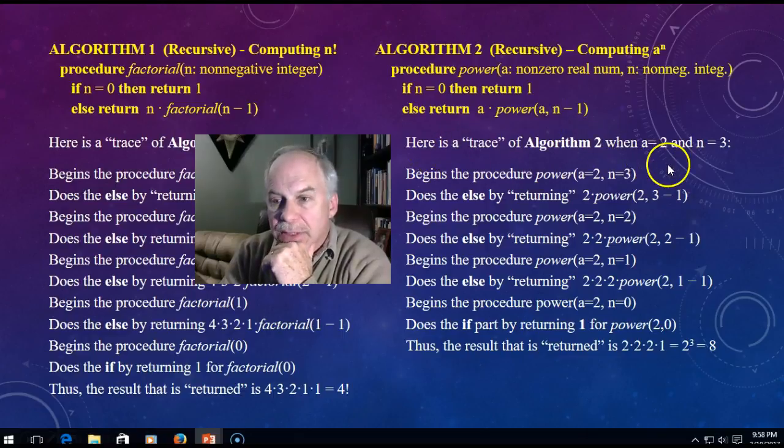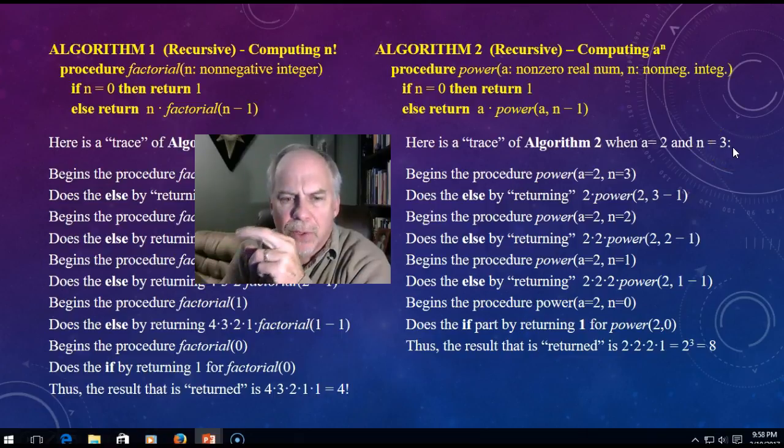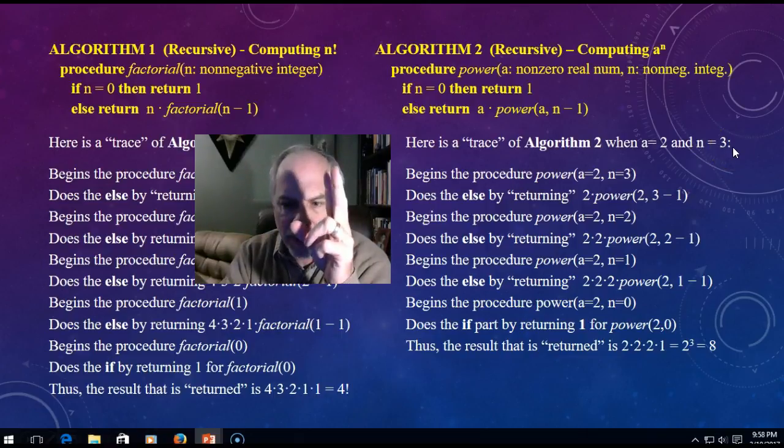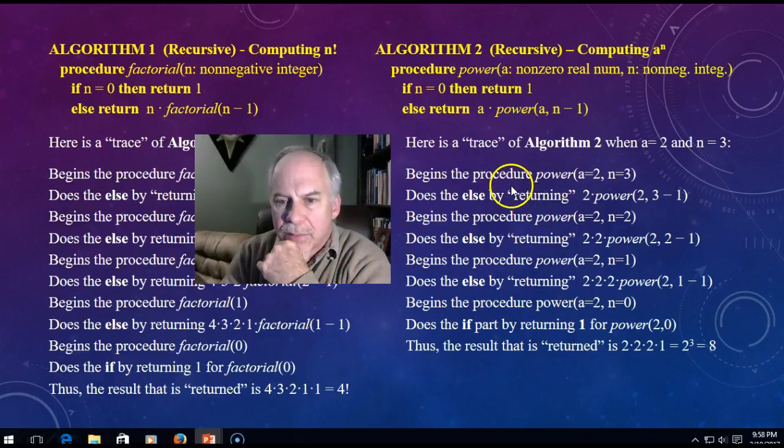So here's the trace. So suppose a is 2 and n is 3. So in other words, we're computing 2 to the third power, which you know is 8, but let's follow the procedure. So it begins the procedure using 2 and 3, because that's how it would input these if you told it to use those values.